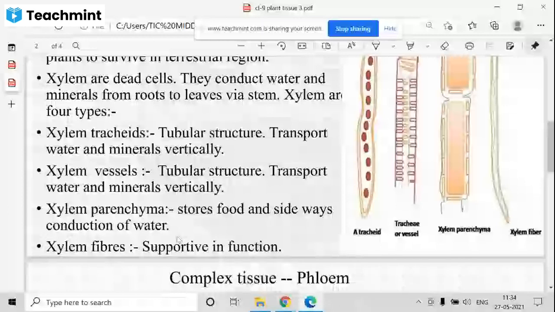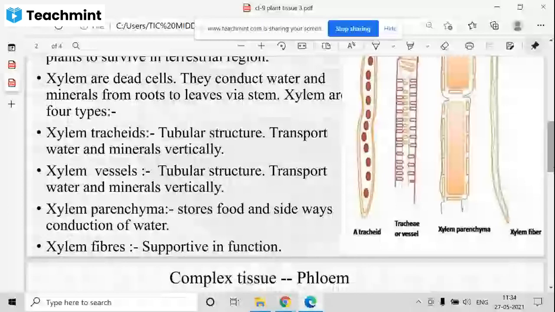Now, xylem fiber is a supportive tissue. Fiber is a hard tissue which does not get torn easily, so it is supportive in function.